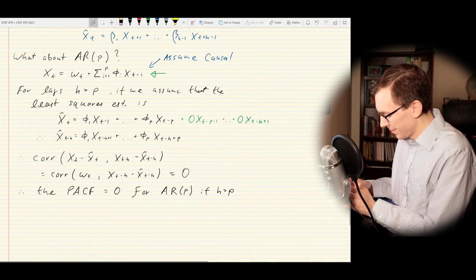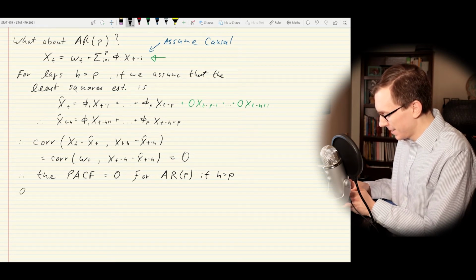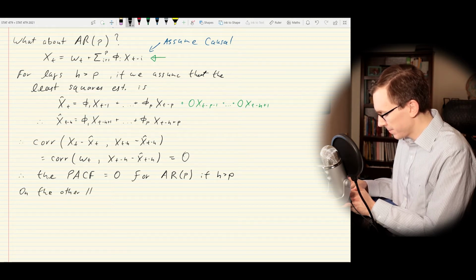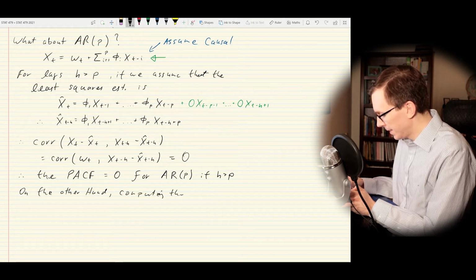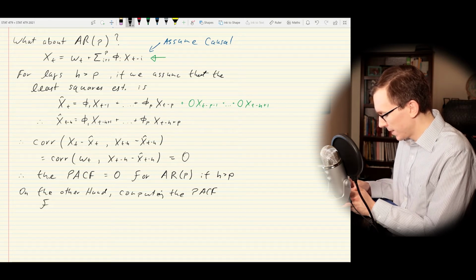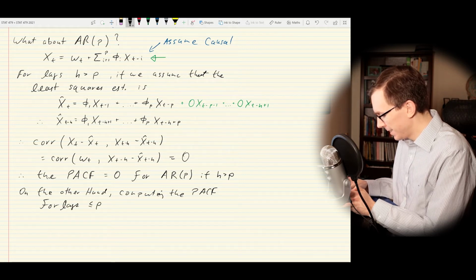On the other hand, computing the PACF for lags less than or equal to p is hard in general.